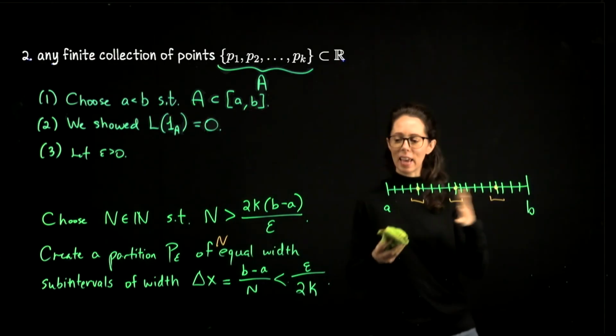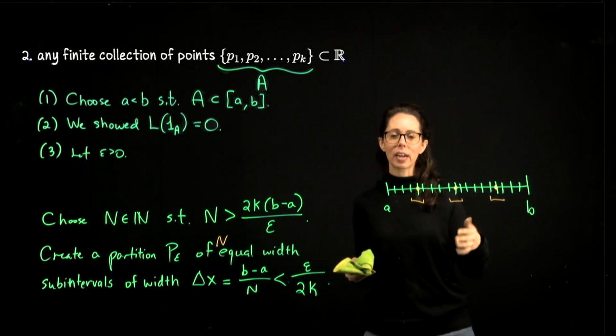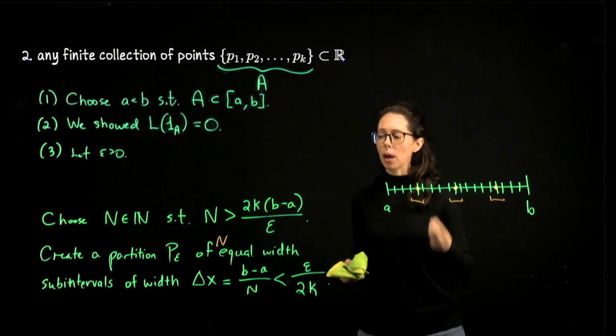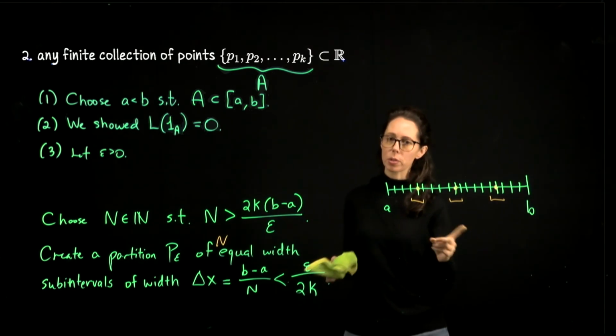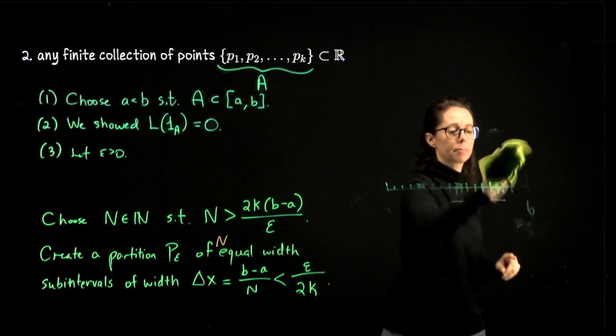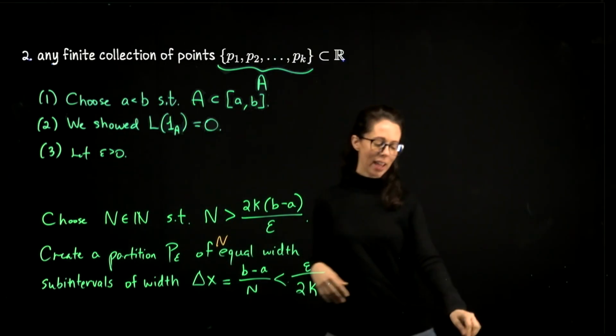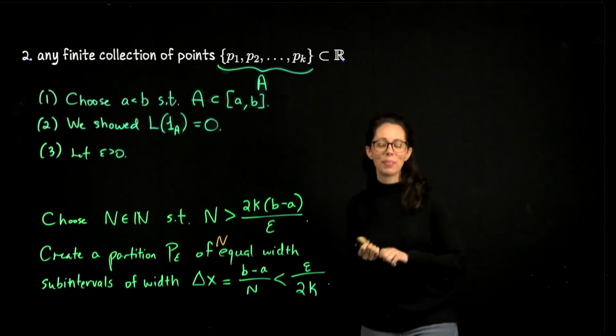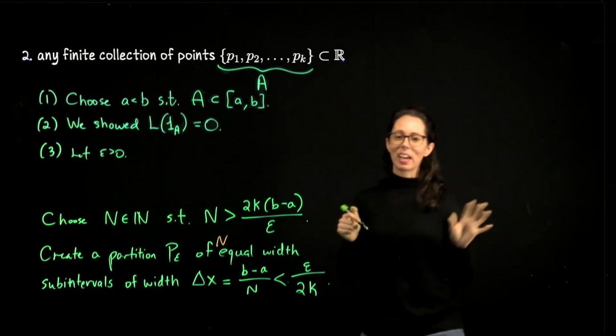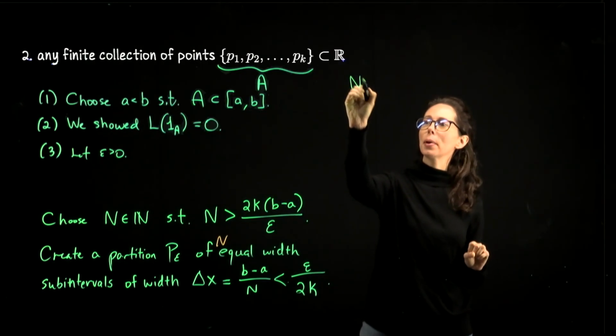Let's now take this worst case scenario and create an upper bound for what the upper sum of the characteristic function with respect to this partition could be. That whole discussion that we just had, I'm going to say notice, meaning I'm hiding all the analysis that we just did on scrap paper.